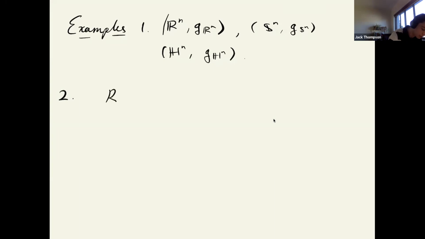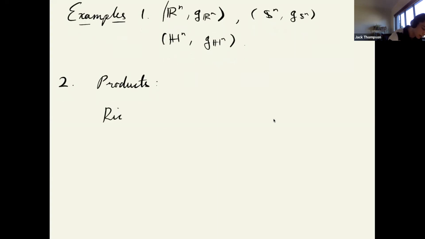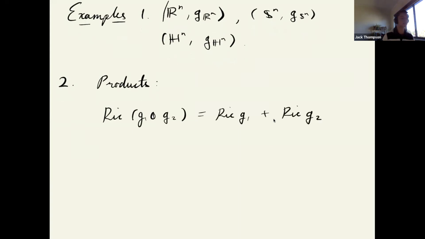This is because, when I take the Ricci curvature of a product metric, I can write it like this.